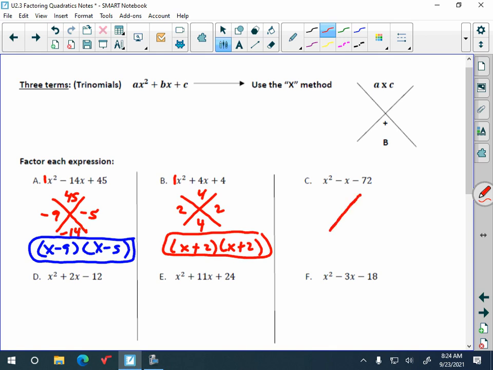All right, C. All right, negative 72 on top, negative 1 on the bottom. There's a negative 1 in front of that x in the middle. So 2 numbers that multiply to negative 72 but add to negative 1.